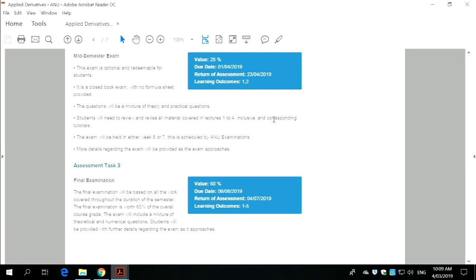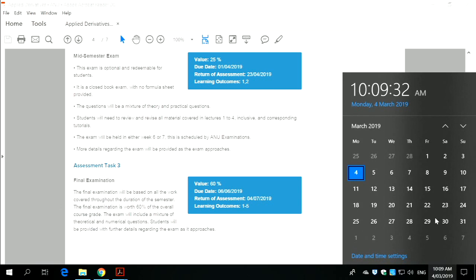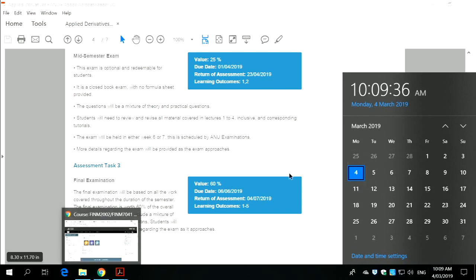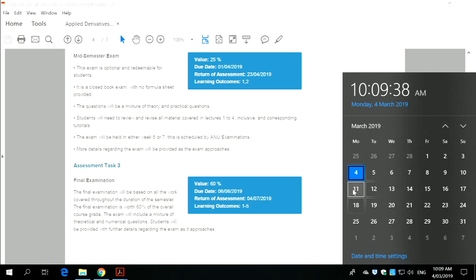Another very important thing I want to emphasize is that next Monday is Canberra Day, which is a public holiday. Therefore, we have a makeup lecture on Wednesday. There will be no lecture next Monday, but the lecture will be held on Wednesday.